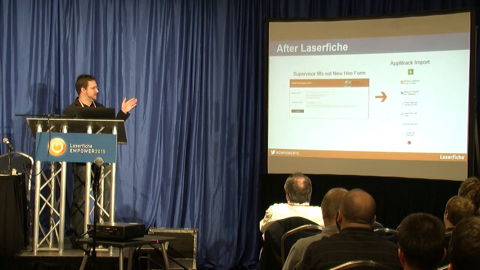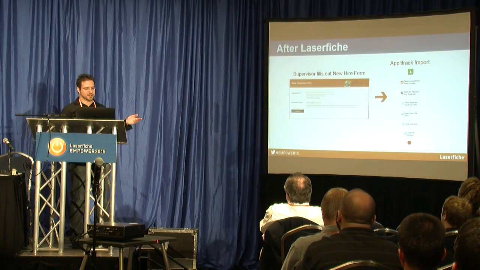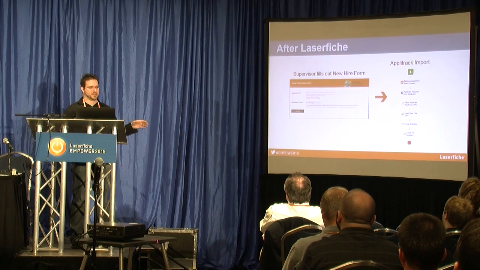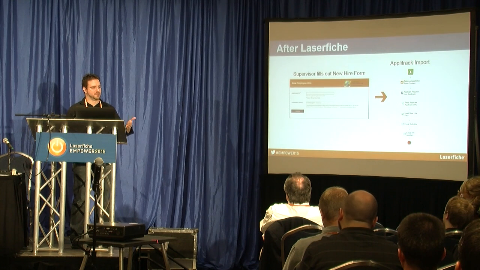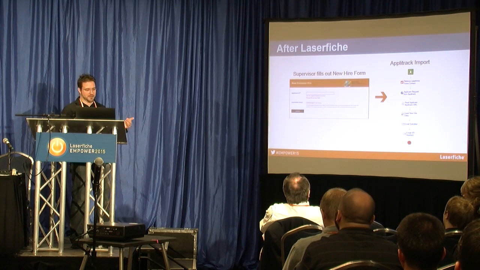It could have been the supervisor or the secretary, but we take that email address and then we email that person with a link saying, okay, now you can go fill out the personnel action form for this user. And then the last step is our HR assistant, who usually starts the processing of the forms, and she wanted to be notified when one was started. So we also email her so she has a heads up that something is coming down the line, and if she doesn't see something, she needs to check on it.